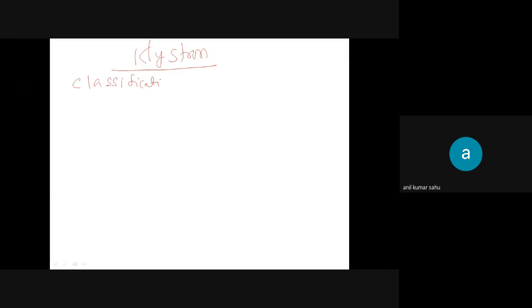What is a klystron? You know that the klystron is a microwave tube, an example of an O type tube, which you studied. Now we can further classify these klystron tubes.